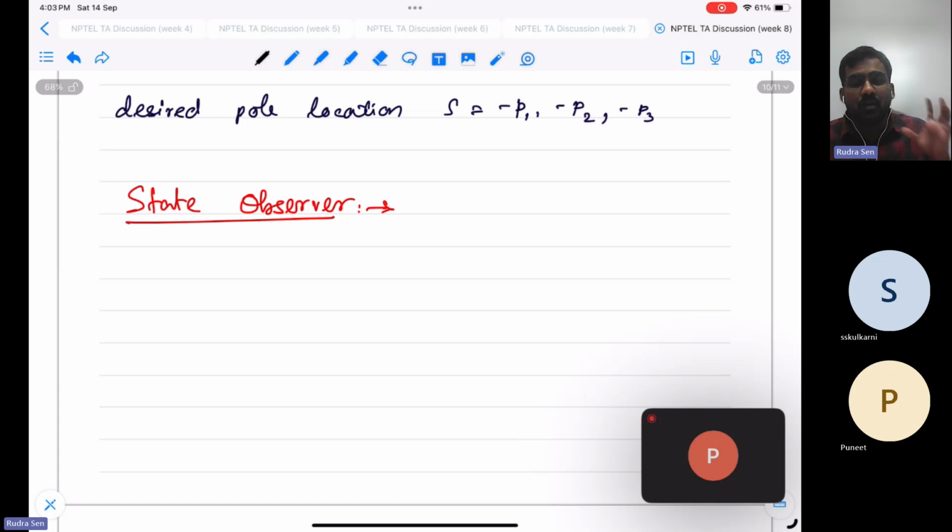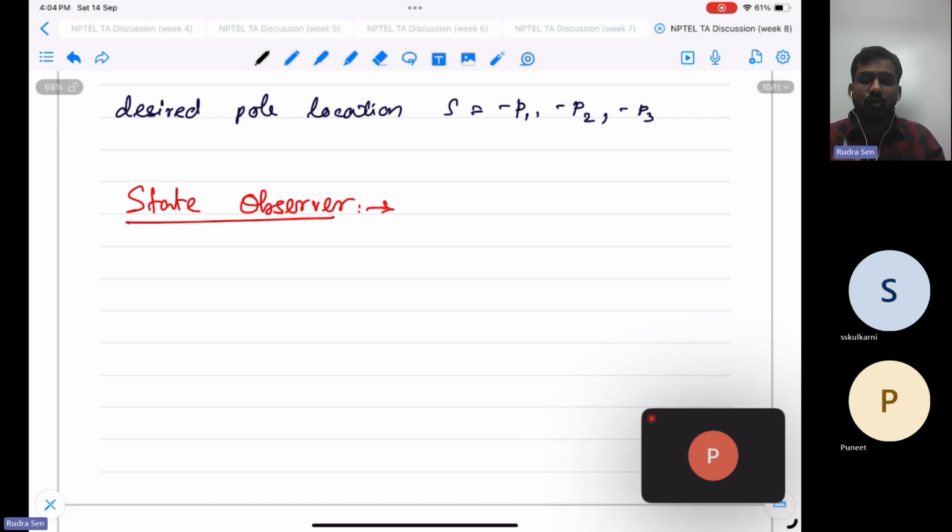So that means sometimes not all the system states can be observed. We need to design an observer to extract those states, right? That's why we need to design this observer.